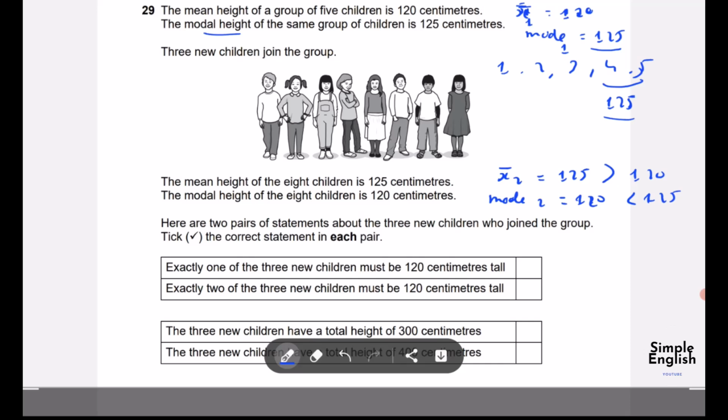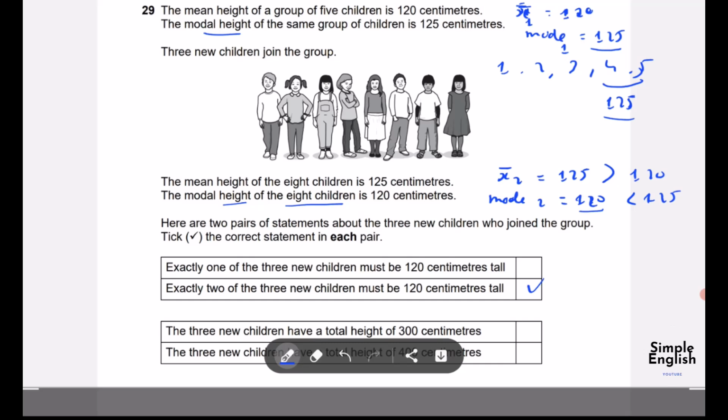Remember that. And the mode of the 8 children is 120, so there must be more children with a height of 120 centimeters than 125. So that's this one, right?